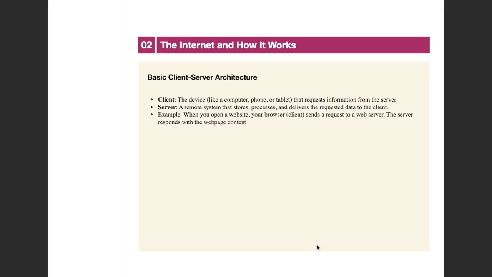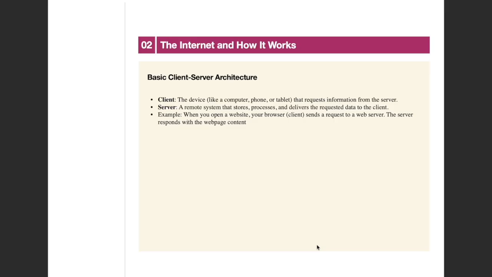In this slide, you can see that the client is the device that requests information from the server, whereas the server is a remote system that stores, processes, and delivers the requested data to the client. Imagine you are in a library and you are the client who asks the librarian, which is the server, for a specific book, which is the website you want to go for.